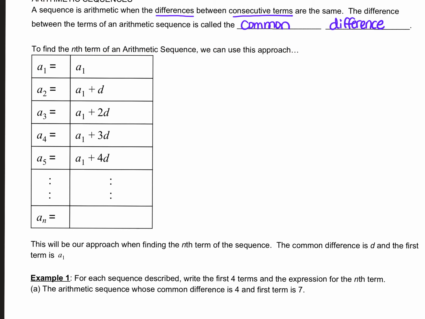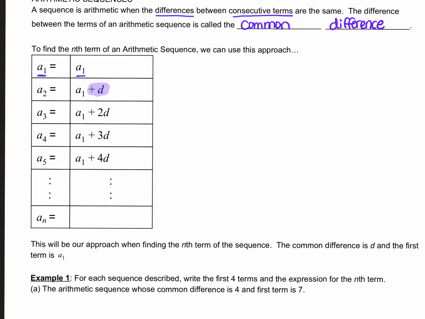So to find the nth term of an arithmetic sequence, we can use this approach. Our first term, a sub 1, is just a sub 1. Then from there, to get each successive term, we add d. To get a sub 2, we take a sub 1 and add d to that, so we can write it as a sub 1 plus d.